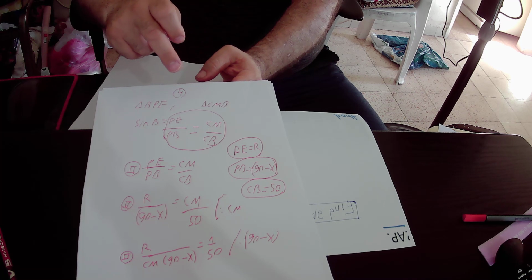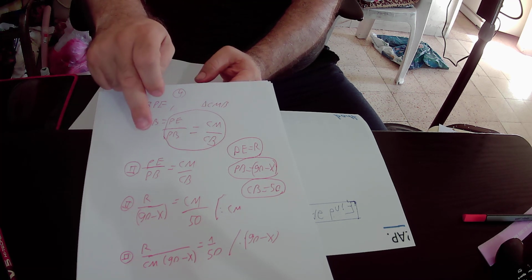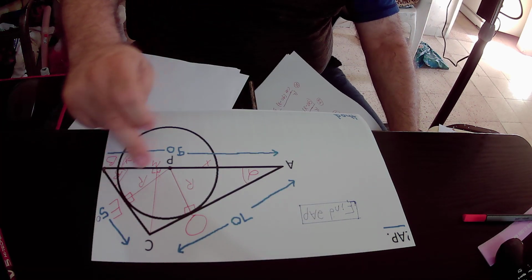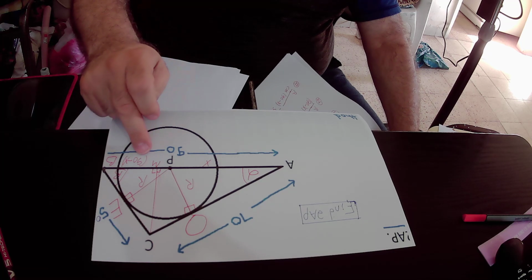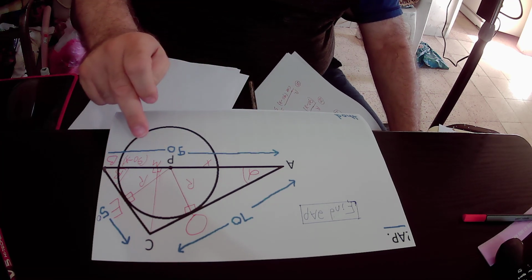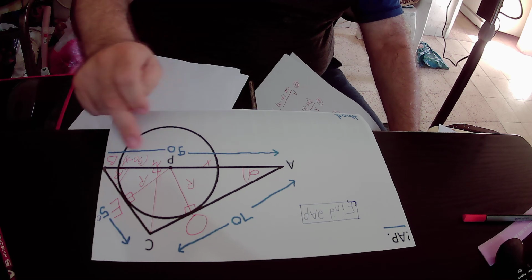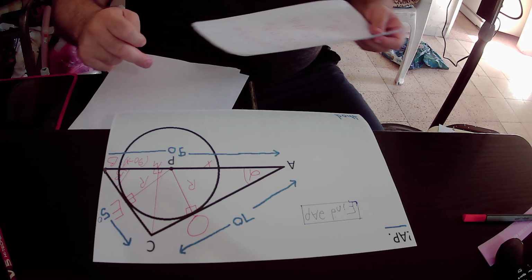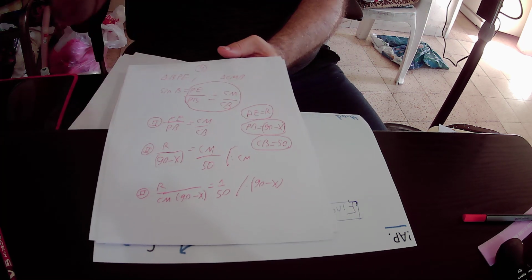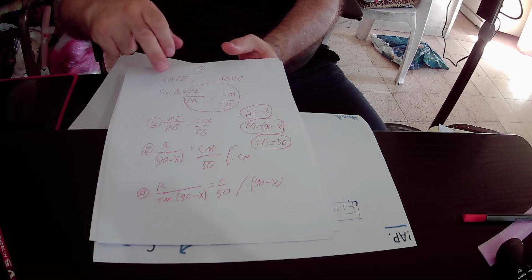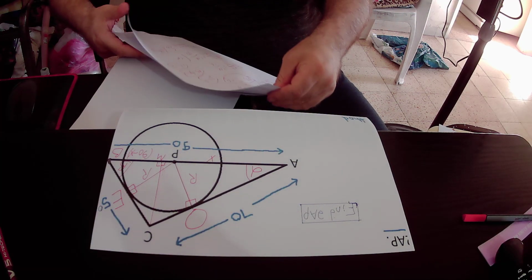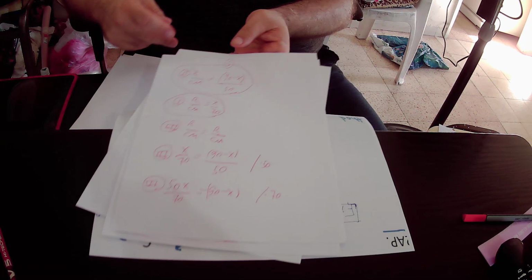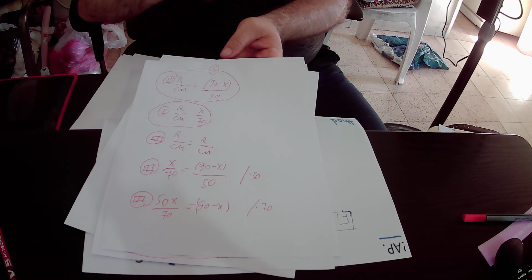And then we copied this equality and created equation number 2. But we know that PE equals R, PB equals 90 minus x, because it is AB, that is 90, minus AP, that is X, and CB equals 50 units. So we put this data in equation number 2, and we got that R over CM equals 90 minus x over 50.